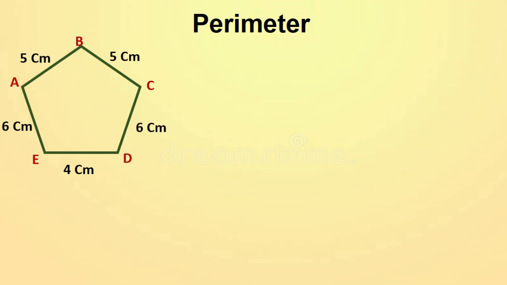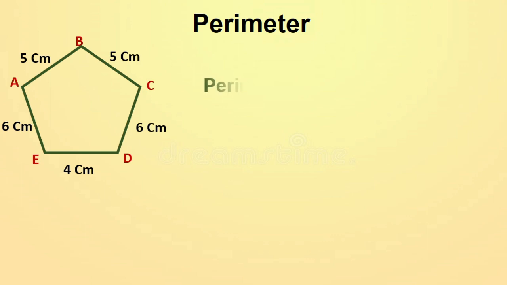Okay, now can you find out the perimeter of this figure? If you know the meaning of the perimeter, then you can easily find it out. This is for your additional knowledge. We can find out the perimeter of any given shape if we know about the perimeter properly.